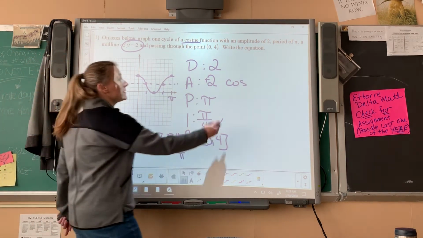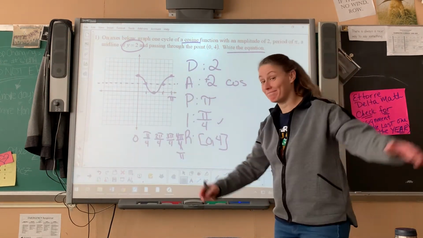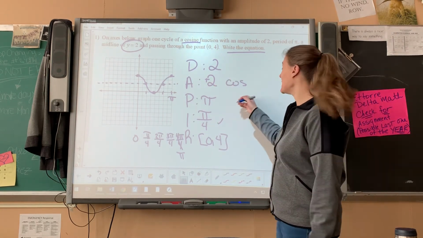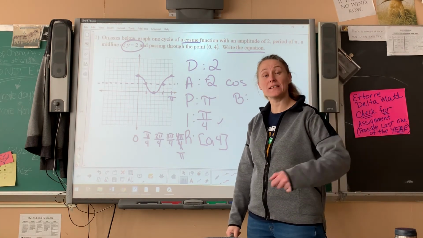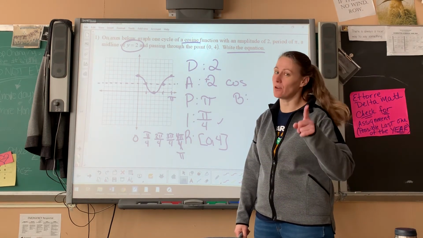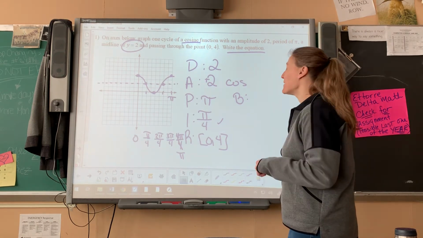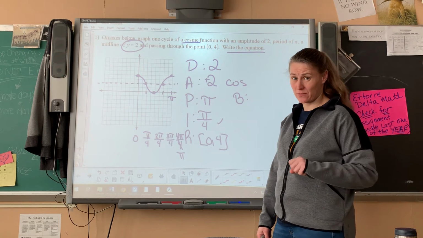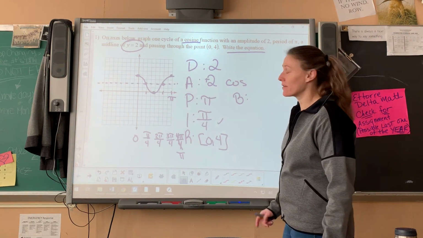Now it says to write the equation. The only extra thing you need to write the equation is your DAB. So we have D and A, we need B. So B is how long it takes to make one, nope, that's period. Maybe I will remake it. B is how many times the graph repeats between 0 and 2 pi, right? So pi is our period.